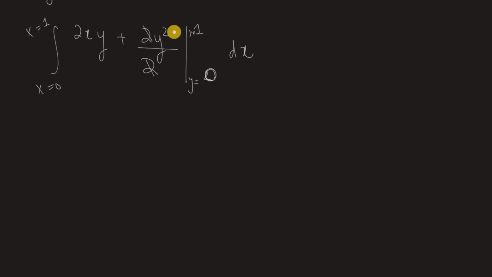Now these 2 cancel out. Evaluating by plugging in 1 inside this equation, you get 2x plus 1. And then minus 0, because this is going to give you 0, so you don't need to write a 0. Now we can finally go ahead and evaluate it from x equals 0 to 1 in terms of dx.